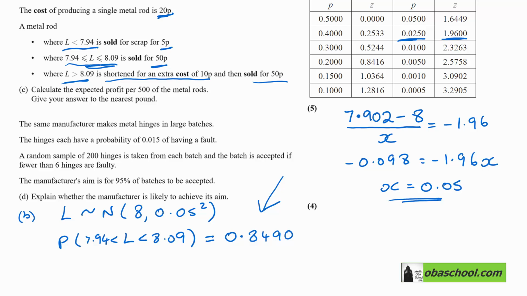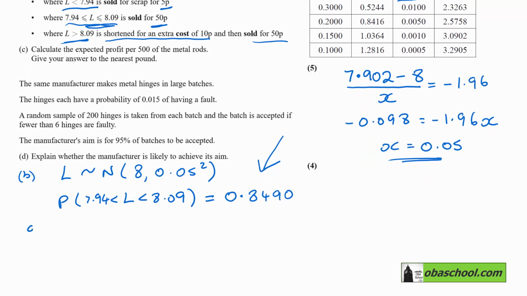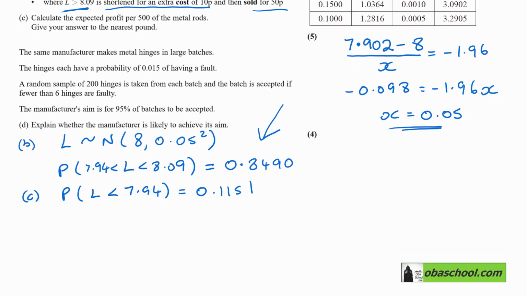So, what we'd like to know first is the probability of L being less than 7.94. Again, we can get that from the calculator, and that is 0.1151. And pulling those results together, we have L being less than 7.94, the probability is 0.1151.